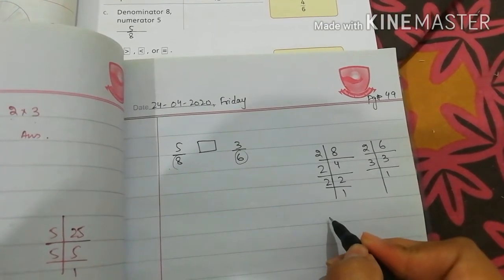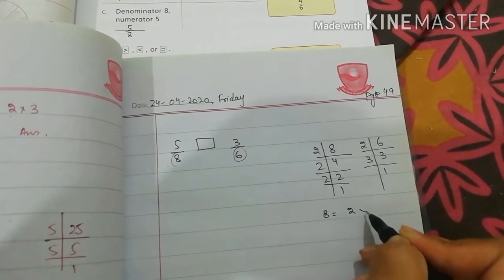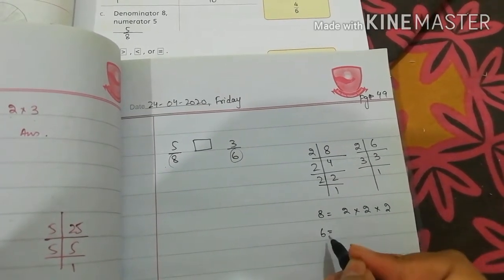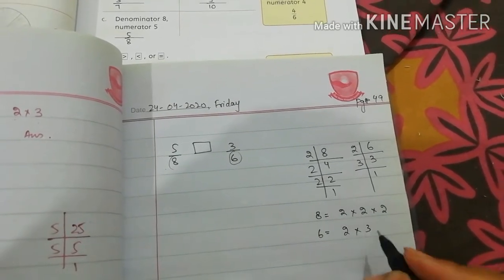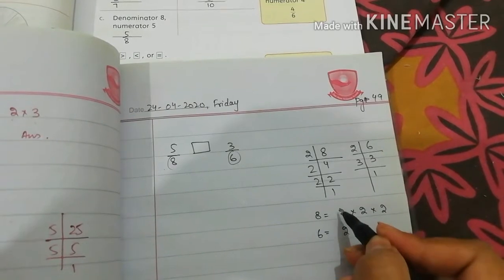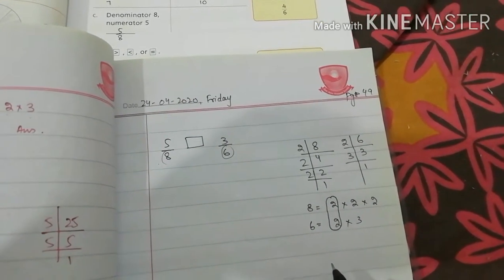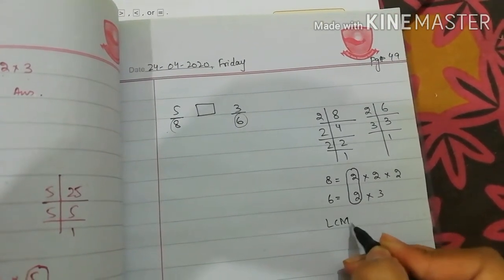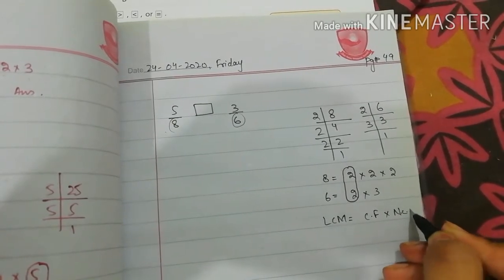So the prime factors of 8 are 2 into 2 into 2, and the prime factors of 6 are 2 into 3. Now we will find the common factor, that is 2. Dear students, you already know the formula of LCM: common factor multiplied by non-common factors.